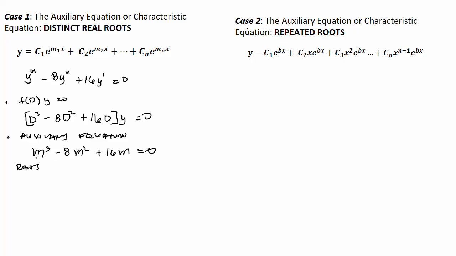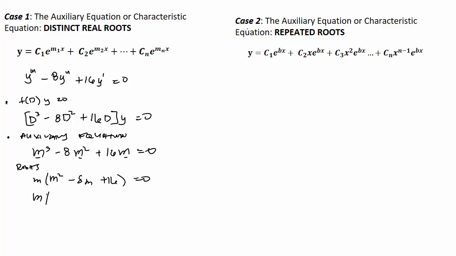Since both terms have m, factor out m. So what we have now is m squared minus 8m plus 16 is equal to 0. And we can still further factor this out.